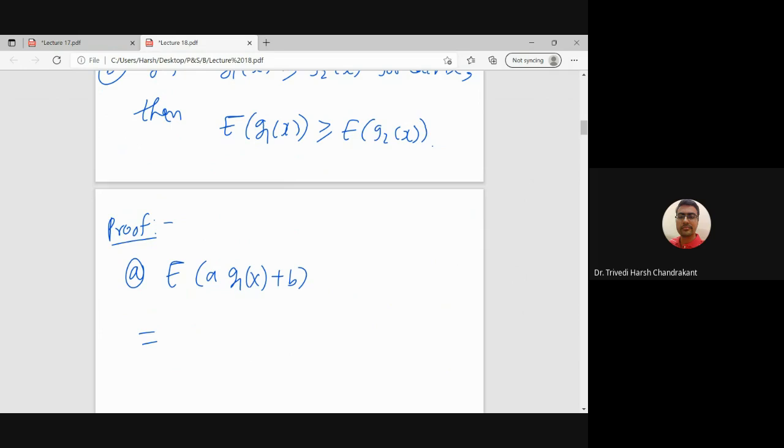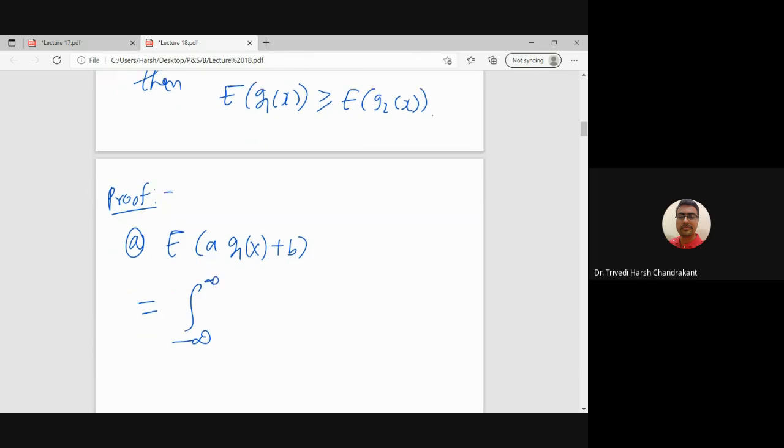If the function is g, the expectation is the integral of g(x) times f_X(x), right? So here it will be h(x) times f_X(x), where h(x) is a g1(x) plus b. By the very definition of the expectation of a function of a random variable, this equals the integral, because we are considering the continuous case. The discrete case is similar. So that is (a g1(x) plus b) times the density function.